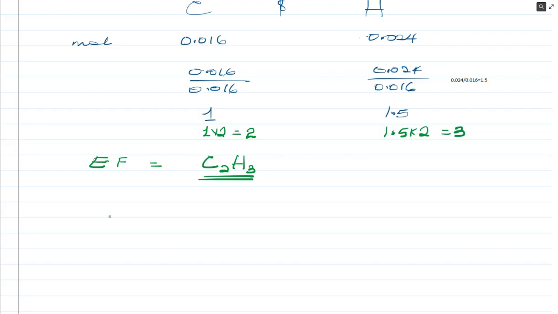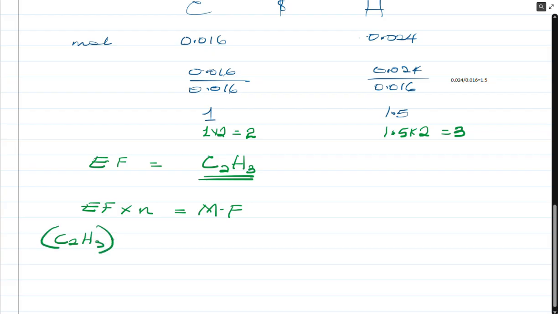What about the molecular formula? That is easy. Empirical formula times a unit, N, is equal to the molecular formula. Now, the empirical formula is C2H3, so we just put C2H3 in bracket, times N, will equal the molecular formula.